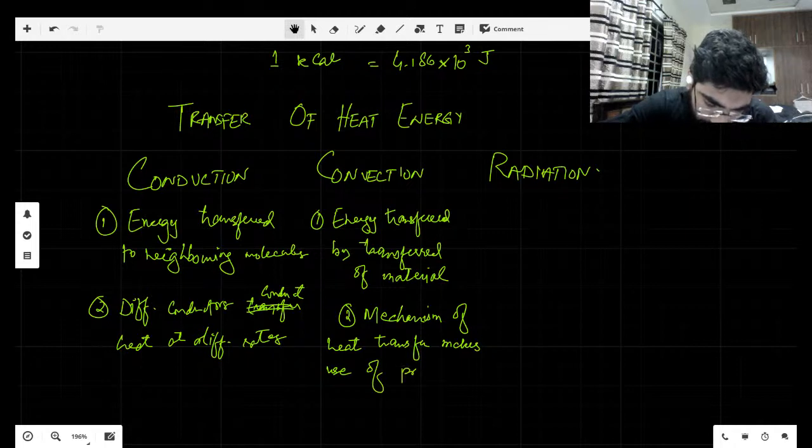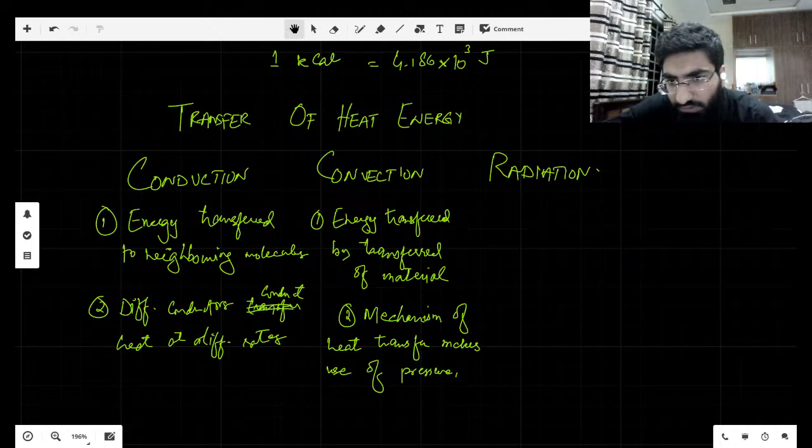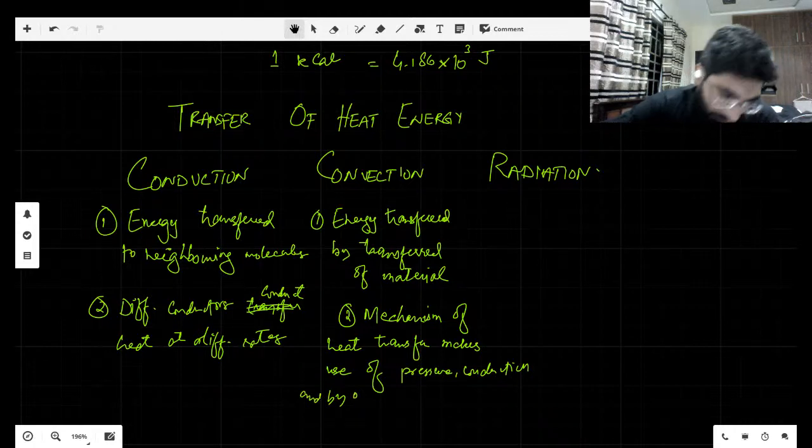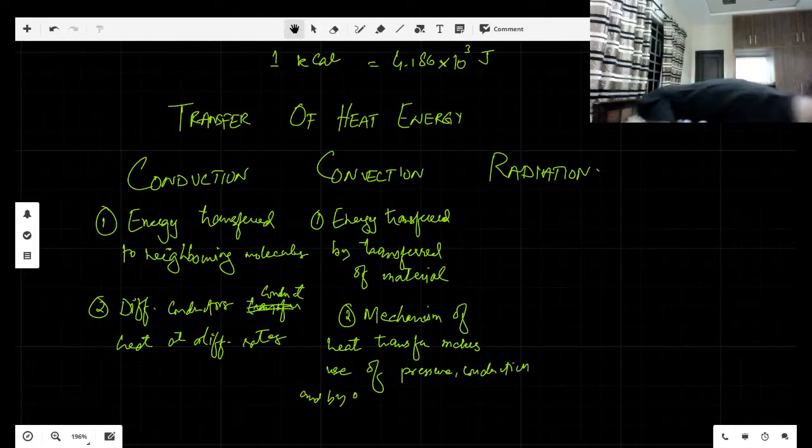I mean, obviously, the phenomena of heat plus the phenomena of pressure, and other than that, it uses conduction and buoyancy, B-U-O-Y-A-N-C-Y.